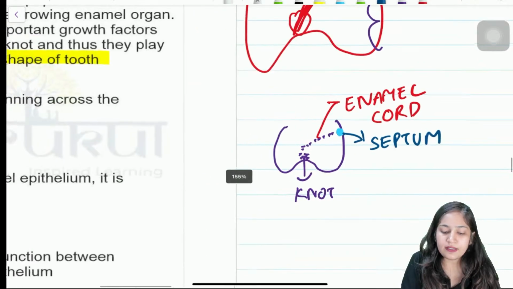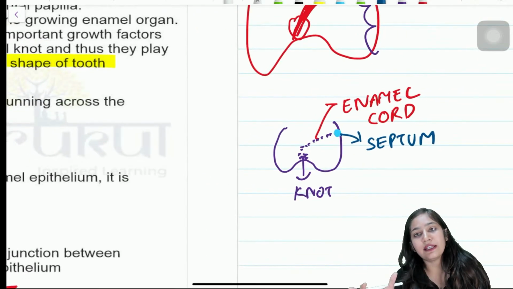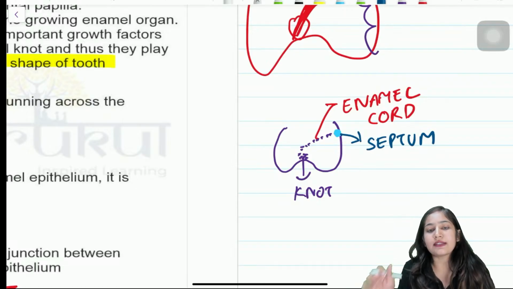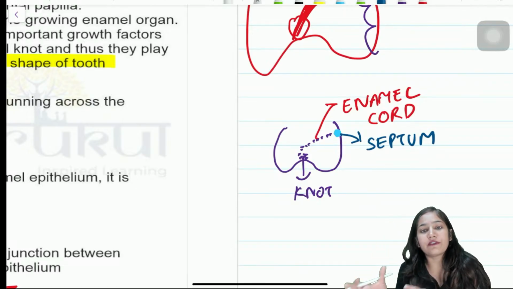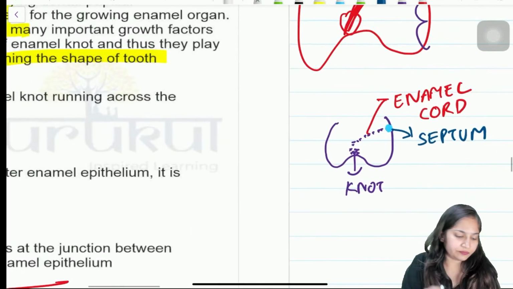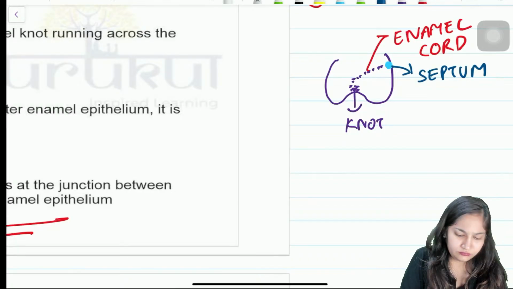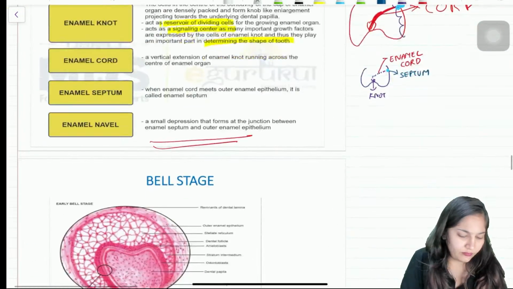Any doubt in this? Mainly enamel cord and enamel knot are involved in determining the shape of the tooth. Rest are the transient structures that are formed during the proliferation of these cells. Okay.